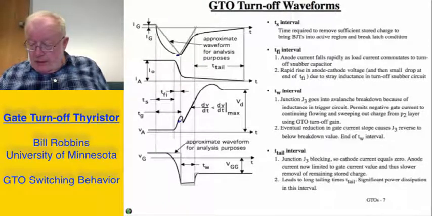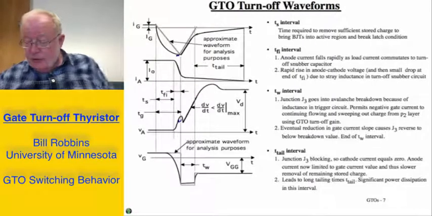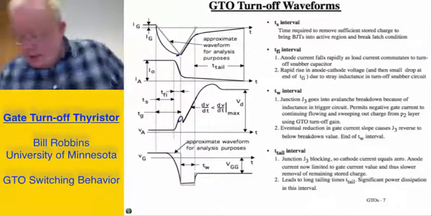The gate to cathode voltage initially stays positive, and then about the time the gate current reaches its maximum, there's a rapid change in the voltage going from positive values to large negative values.